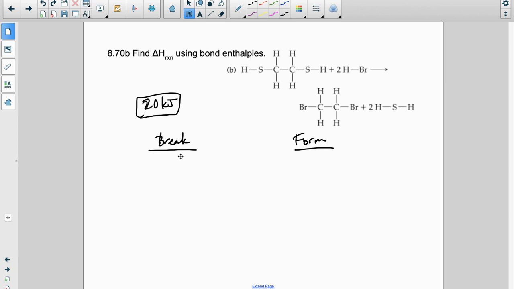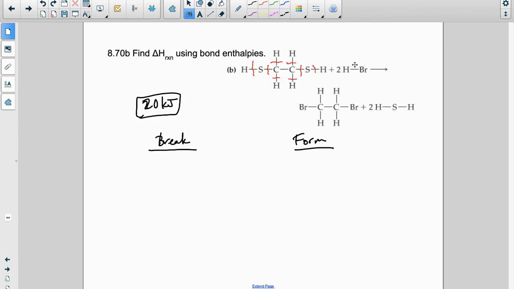So you're breaking it and forming it back. So if we look at every single bond that's broken here, and let me use some different color ink to emphasize what's getting broken, I can write down all of the bonds that are broken here.